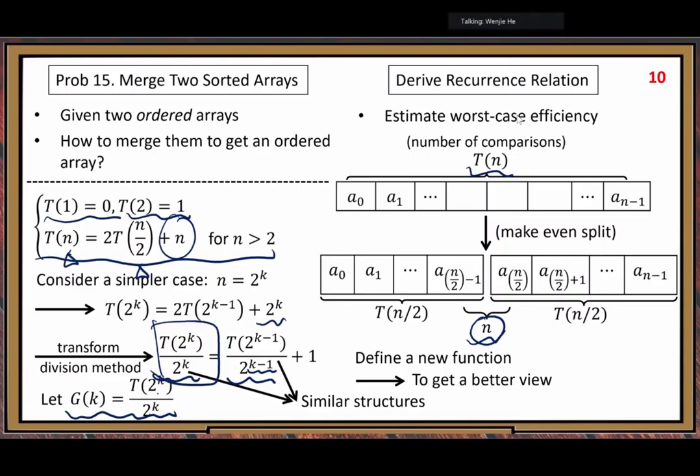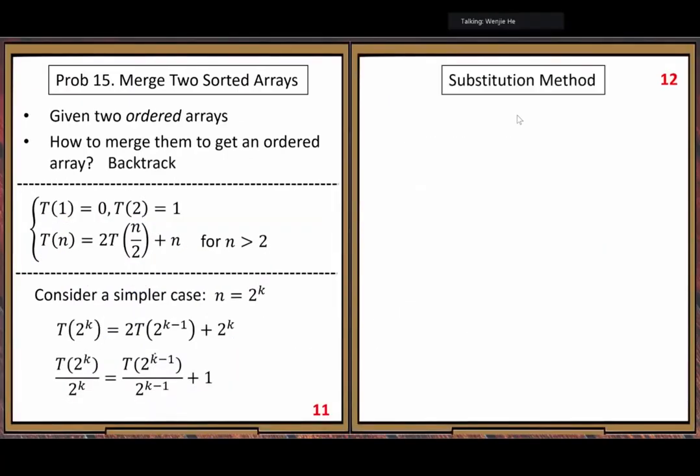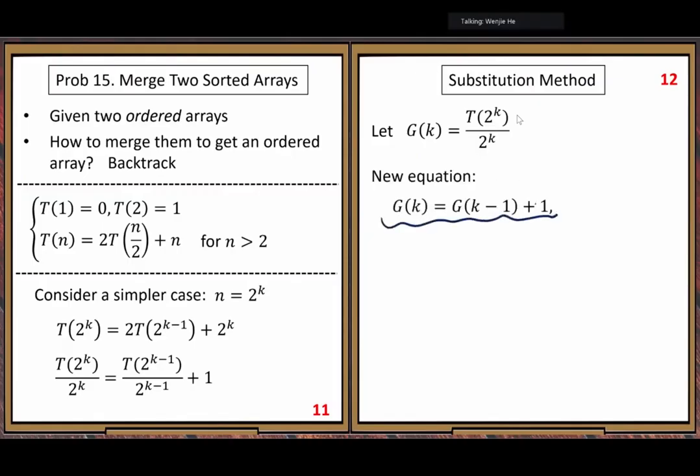Why do you need to introduce this G function? Because after we replace this special structure with a single G function, we can see things better, right? So your new recurrence relation is much simpler.